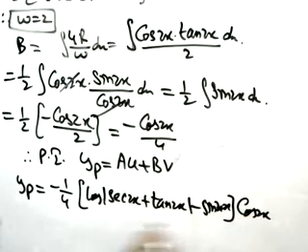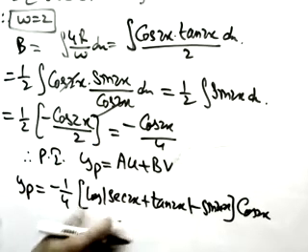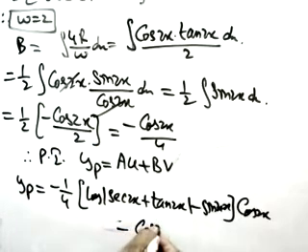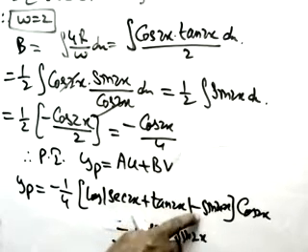This is a into u, which is cos 2x, plus b, which is minus cos 2x by 4, into v, which is sin 2x. So we can leave it here.